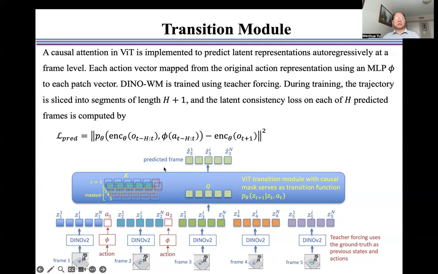Here is detailed information on the transition function. Now we use the training frames and the actions together as an input to the vision transformer with a causal mask, as shown here, to predict the next frame.